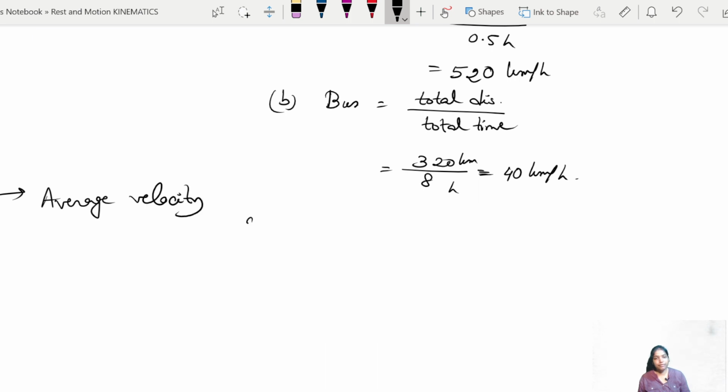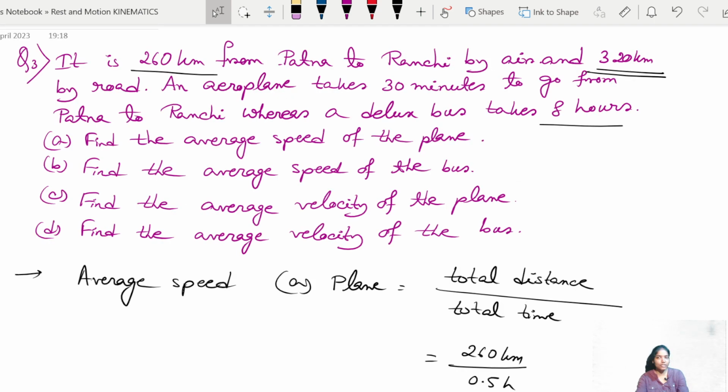If we consider the aeroplane, the distance travelled by the plane was 260 km. It was the shortest distance. As we consider the plane will go through the shortest distance, it is the displacement too. So for this case, the distance and displacement is 260 km.